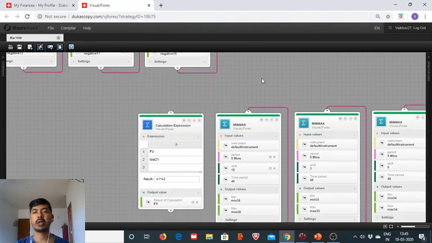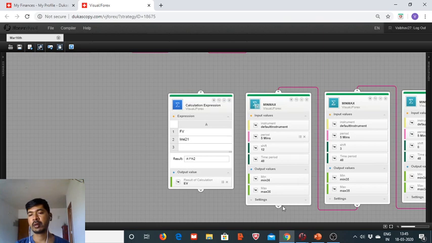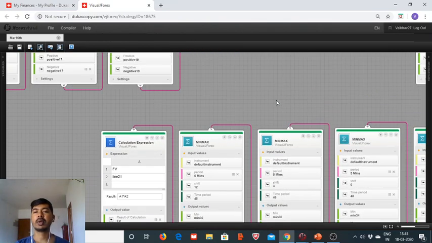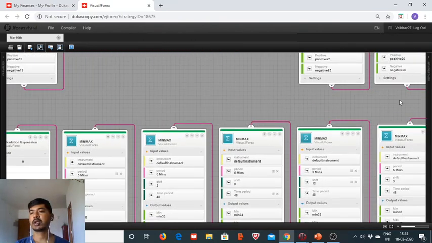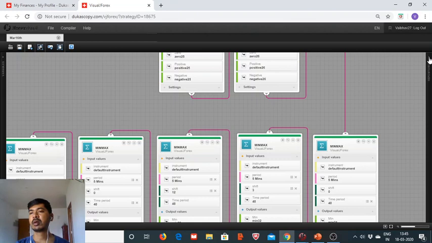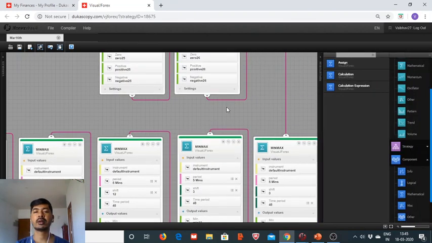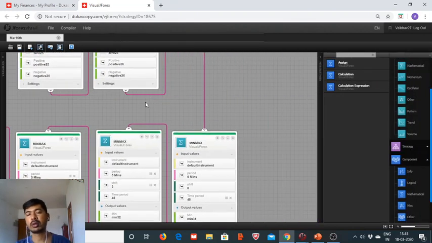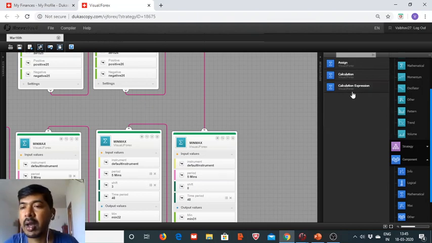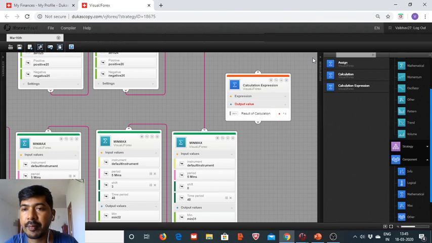And we will also need to compare the min-max values. So we again bring in another calculation expression, and then we will subtract the values between the maxima and the minima.